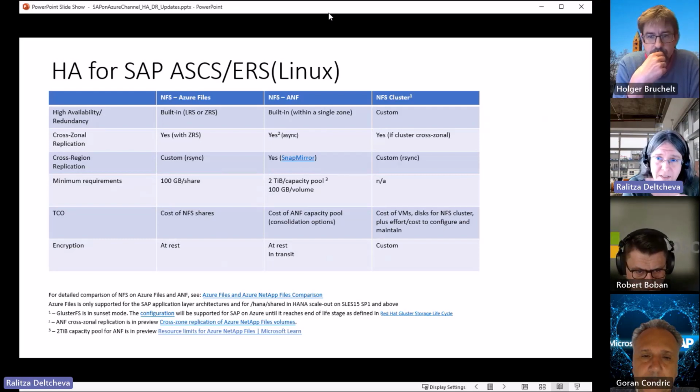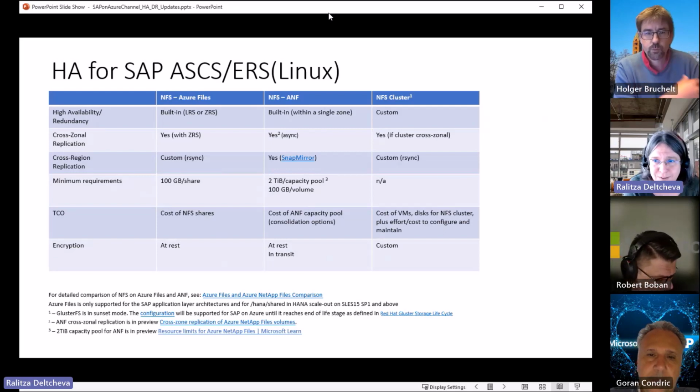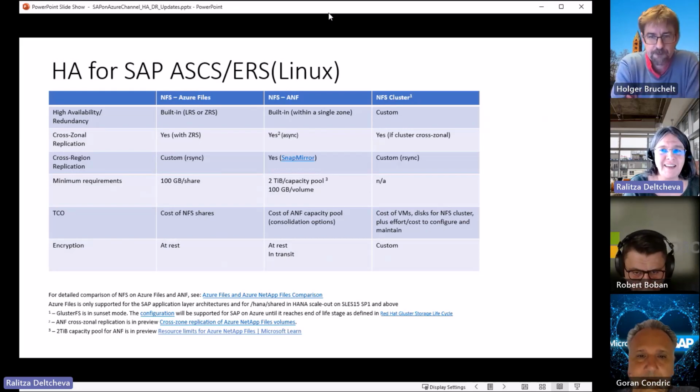Now, in the context of high availability, two topics which come up immediately are what about resiliency of the service, and what about cross-zonal replication? And then in the context of disaster recovery, the question is, what about cross-regional replication? You can see on the slide that both services have options, for instance, for cross-zonal replication as it is today.